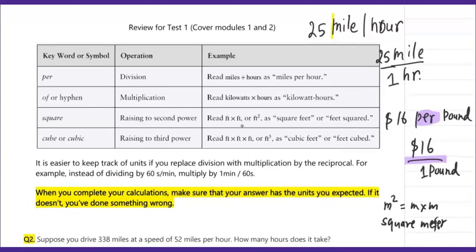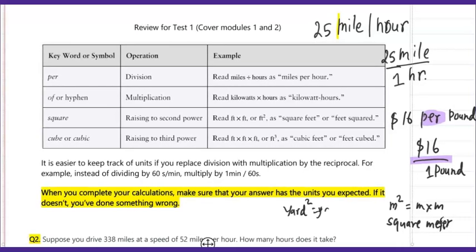Or you square a yard, which is the same as yard times yard.